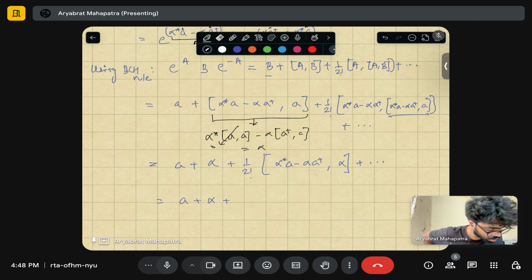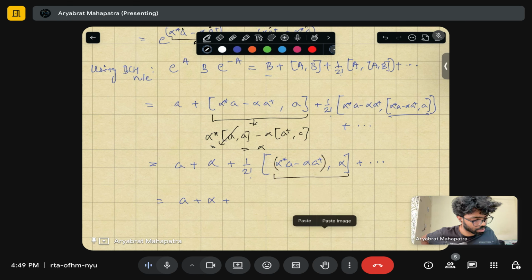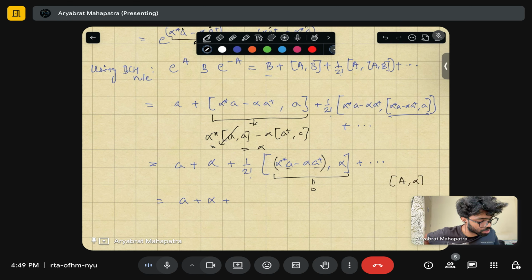So this is just some operator, because you have A and A dagger, and alpha is some number, and if you do a commutator with an operator and some number, it is zero. So A and alpha commutator, where alpha is some number, I can write as alpha A times the identity operator, so that is zero.